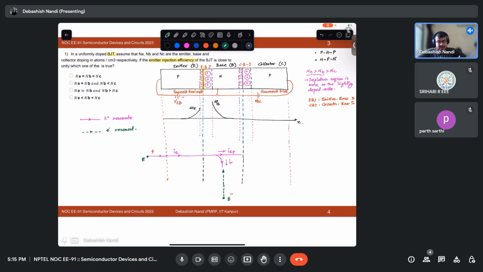Also, there is an electric field due to this forward bias, so some of the electrons will try to move in this direction, and some of the holes will try to move in this direction.